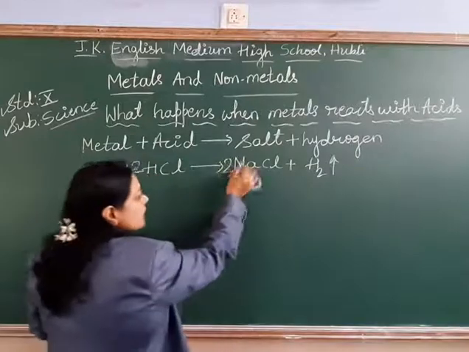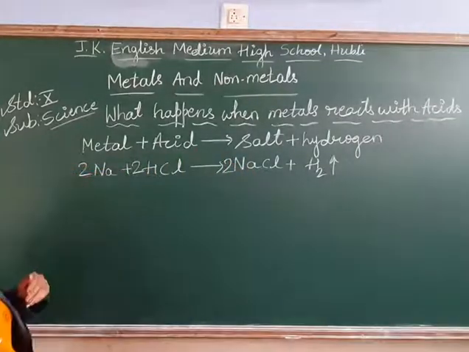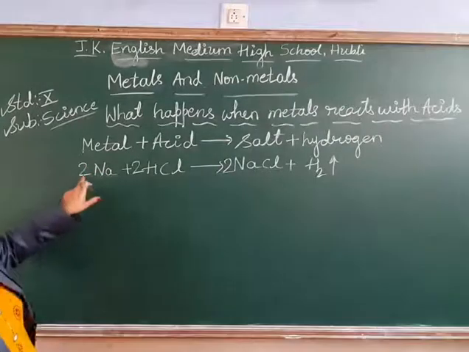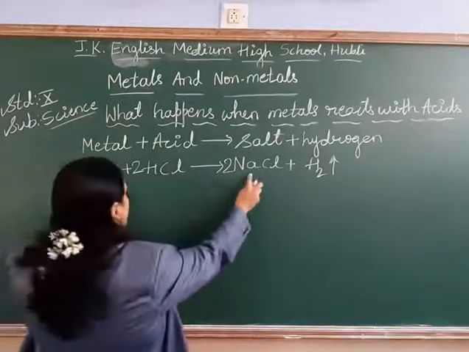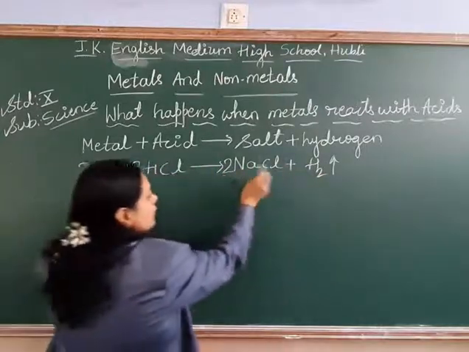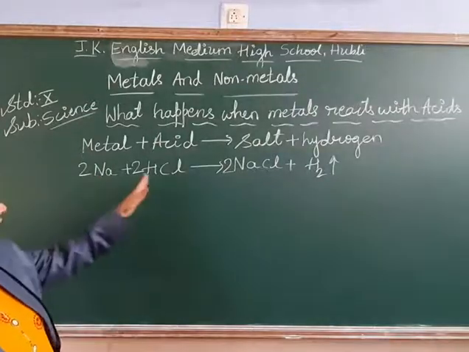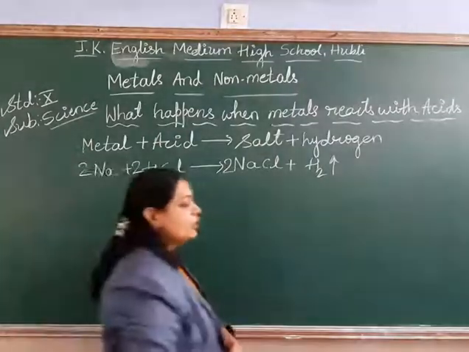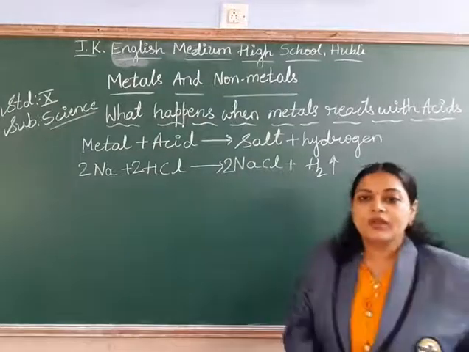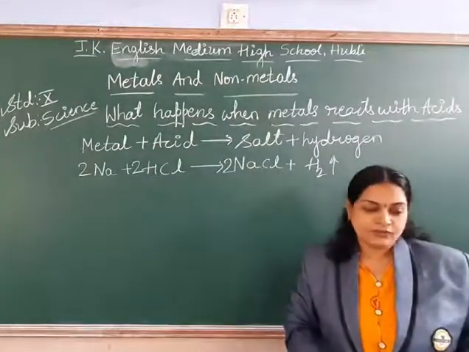If I multiply by 2, the sodium will become 2 sodium. Check the equation once again: 2 sodium, 2 sodium, 2 hydrogen, 2 hydrogen, 2 chlorine, 2 chlorine. Right? So sodium reacts with hydrochloric acid to produce salt, sodium chloride, with the liberation of hydrogen gas.